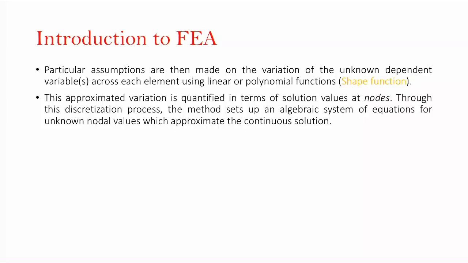And if we know the nodal values, based on the shape functions, which I explained earlier, being a linear relationship or polynomial relationships, then we can find the values all over the points within the element, not just at the nodes.